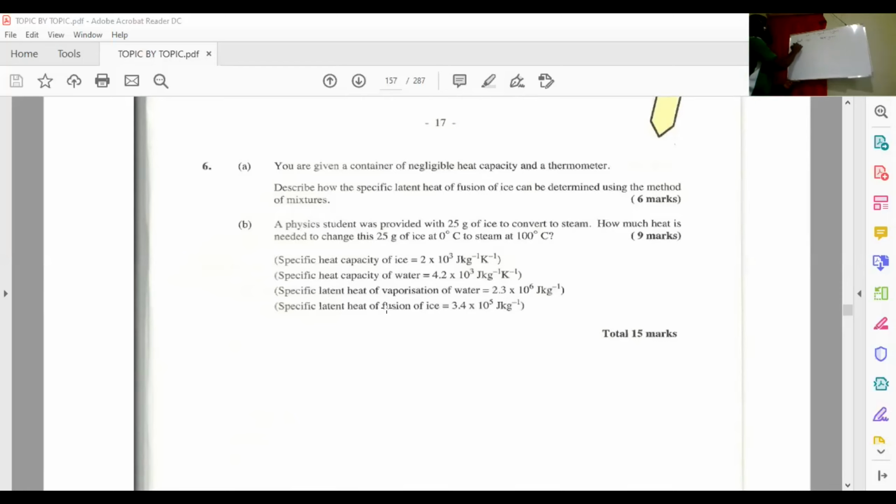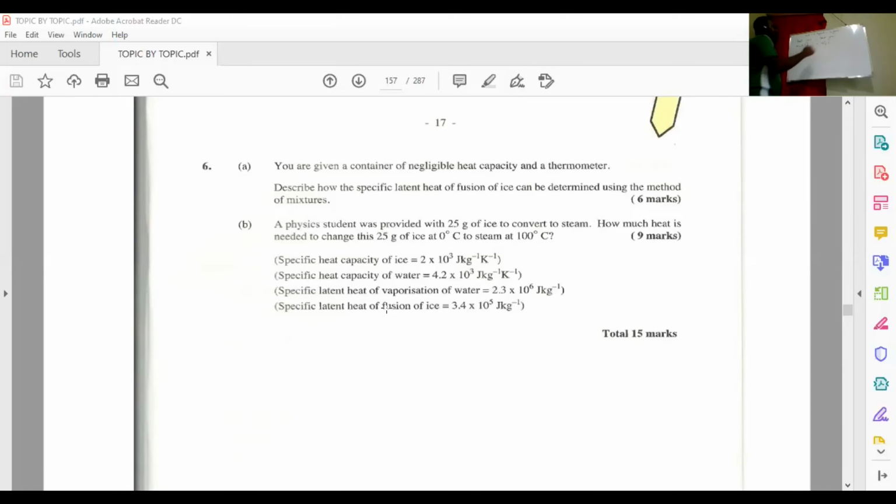So that means it's MC delta T of the ice. And then when it starts to melt, it's going to change to a liquid, so that's MLF. There is no change in temperature.